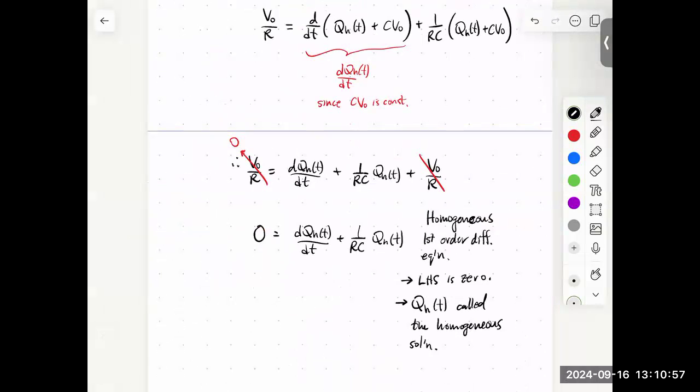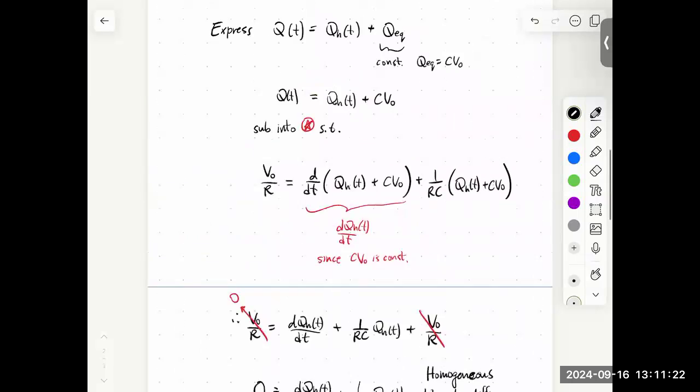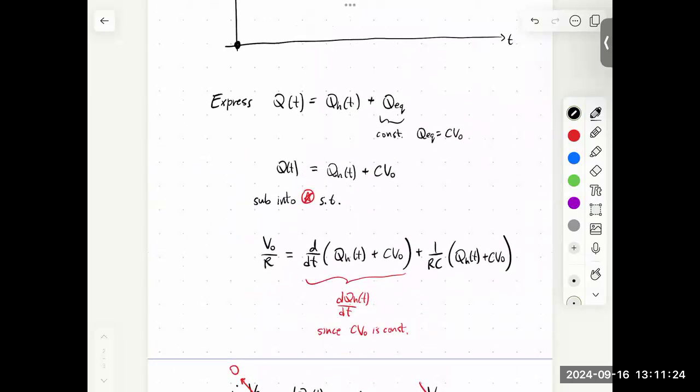So it's a solution at some known time. In our case, it's a long time after the switch is closed, so it's like t goes to infinity. I know that Q is going to be equal to this value, and that's called the particular solution. Okay, so what we're going to try to do is solve this equation for QH. Once we know QH, then we could put it back into here, and we'll have our final solution for the charge as a function of time.